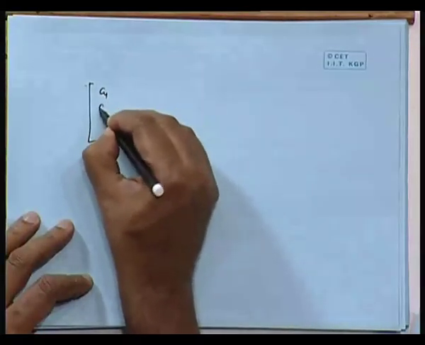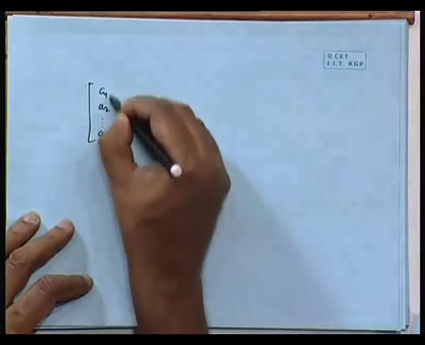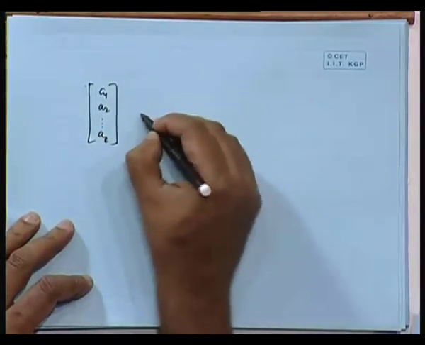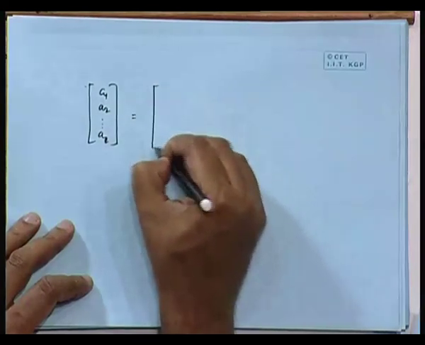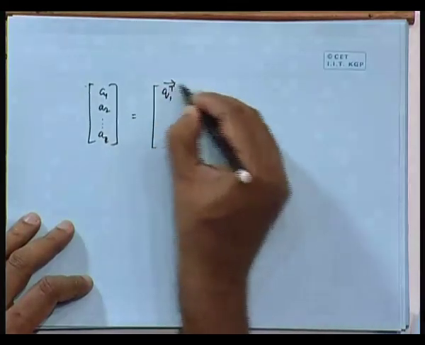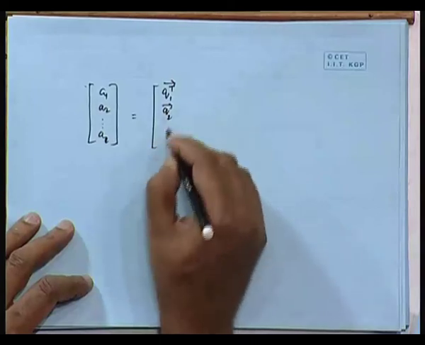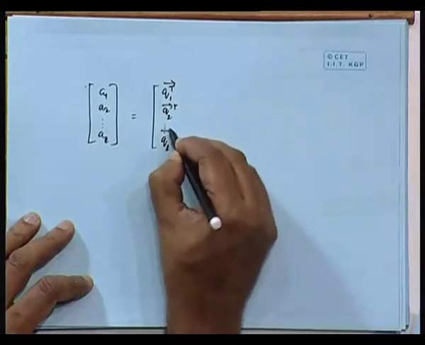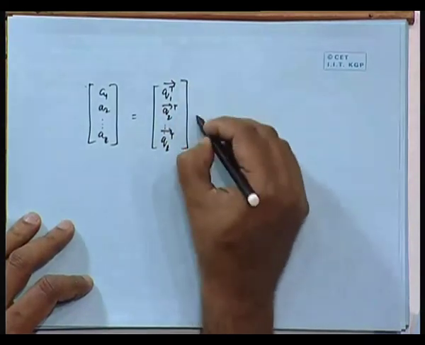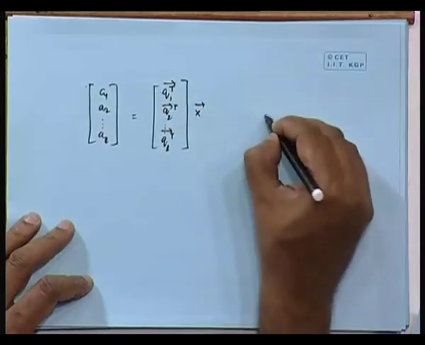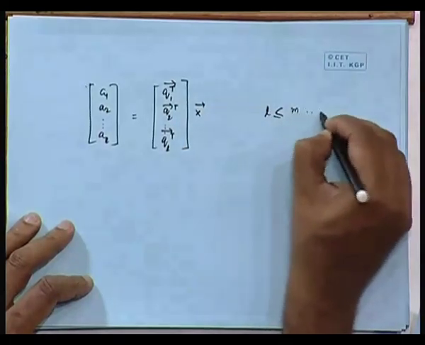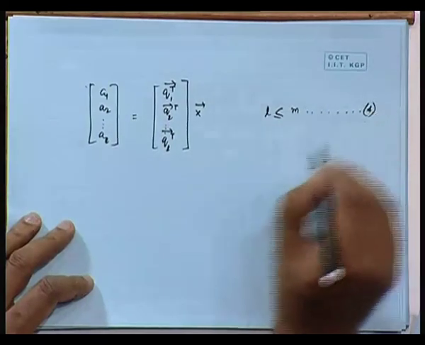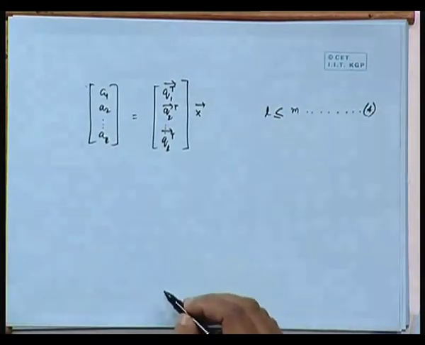So, we can obtain the A vector as A1, A2 up to AL, formed as Q1 transpose, Q2 transpose, up to QL transpose, multiplied by the x vector, for L less than or equal to M. This we call equation number 4.